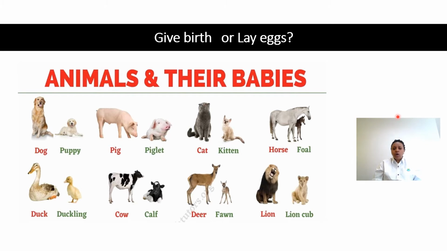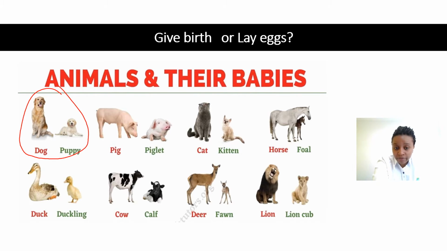Okay, so looking at this together, can you tell me what gives birth? So what produces? So what gives birth? Okay, so a dog can give birth. A pig gives birth.